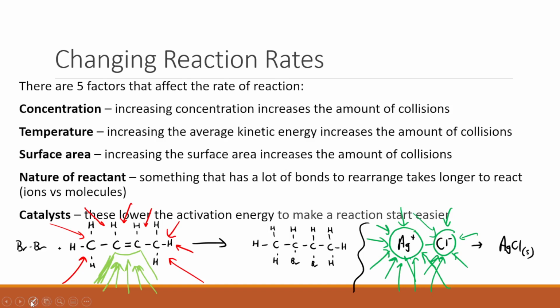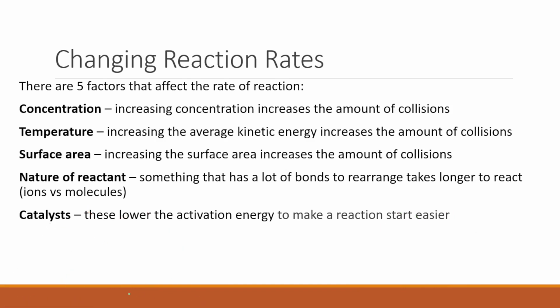Last but not least are our catalysts. Catalysts lower activation energy. And activation energy is the energy required to start your reaction. By lowering activation energy, they lower the amount of energy that is needed to start that reaction, and they make it easier for that reaction to start. Catalysts have no real impact on angles.